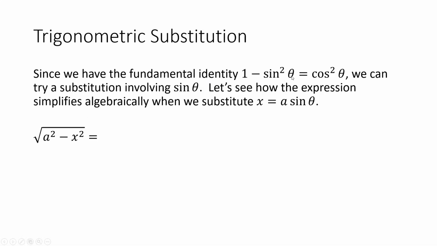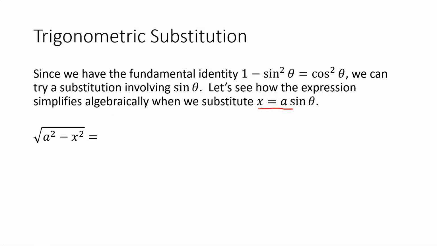So that makes me think that if I were to get a 1 minus sine squared expression inside the square root, then I could turn that into cosine squared, which would then come out of the square root. So that's the reasoning: we can use this trig identity if we replace x with a trig function. Now let's see how that would actually simplify here.